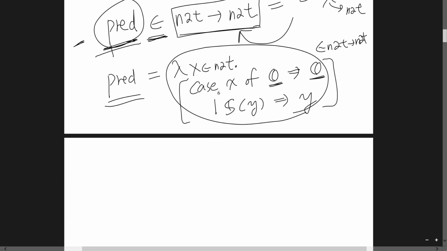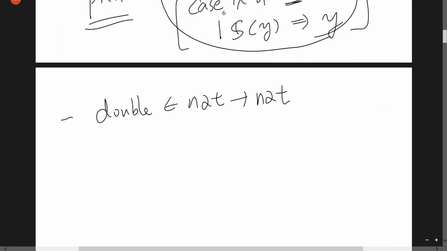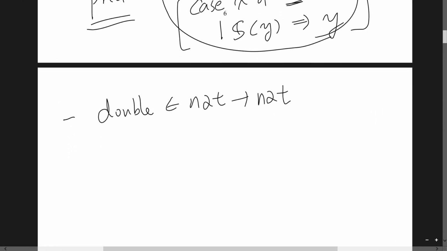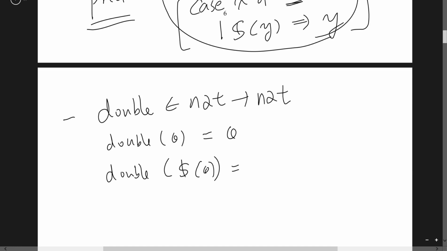The second example is the doubling function. So this function tries to double the argument. For example, double 0 is supposed to return 0, and double successor of 0 is supposed to return successor of successor of 0.